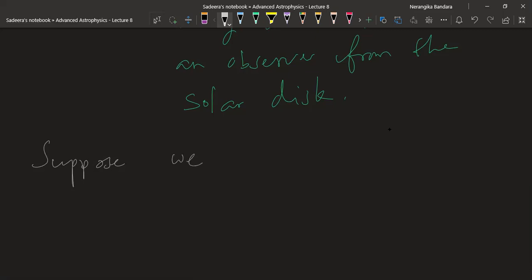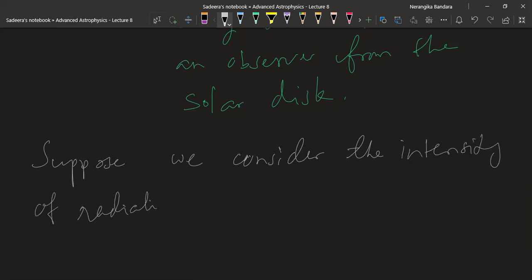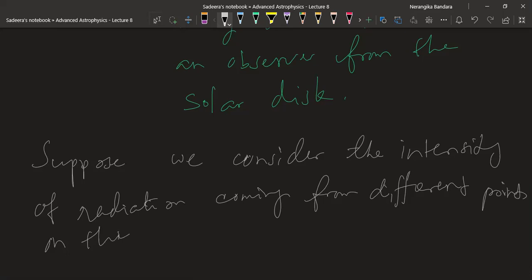Suppose we consider the intensity of radiation coming from different points on the disk of the sun as seen by an observer. Let's say it's as seen by us.